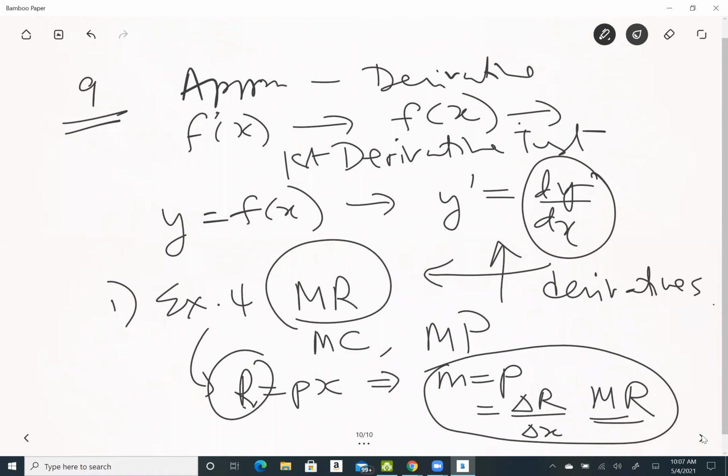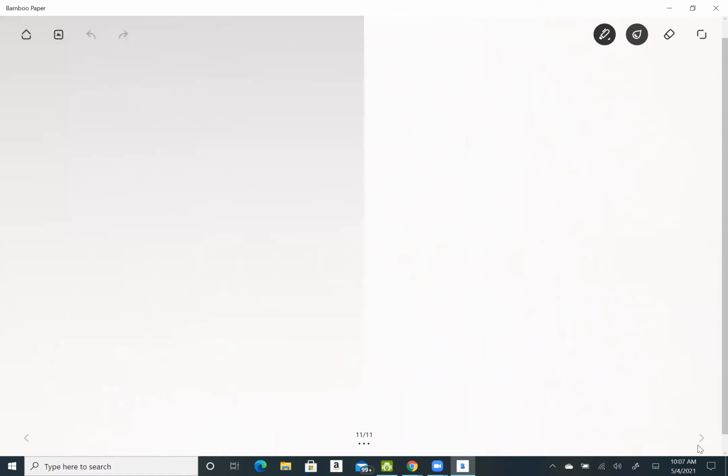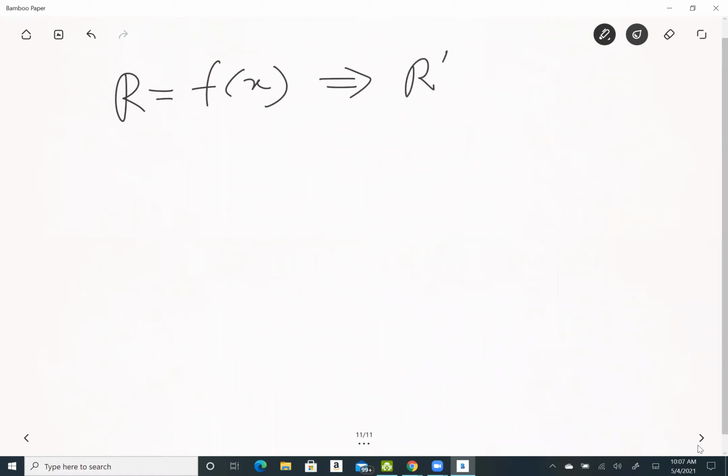So if you look at example number 5, given the revenue function, all right? Revenue function equal to R, f of x, function of x. Then what is the derivative of the revenue? You call it R prime, which is f prime, which is dR dx. So that is the marginal revenue.